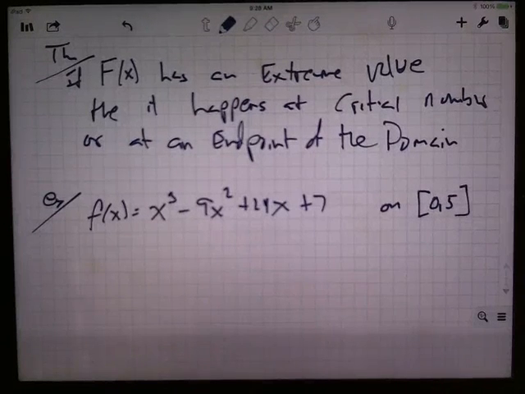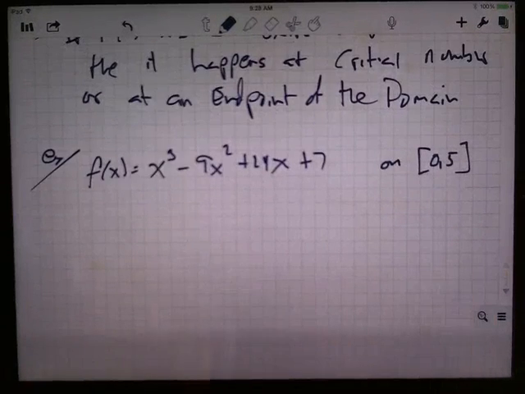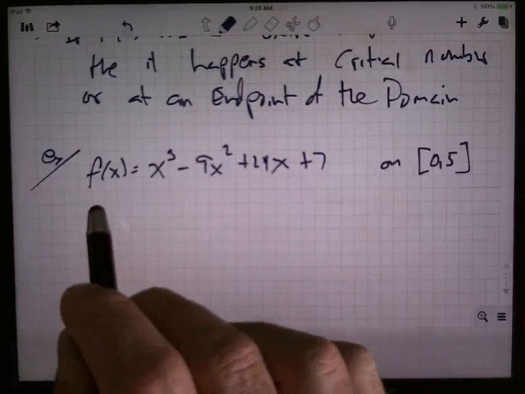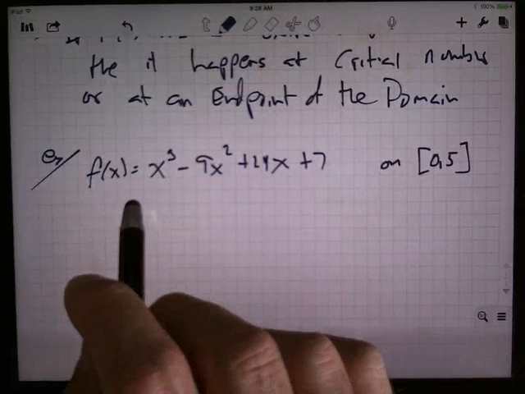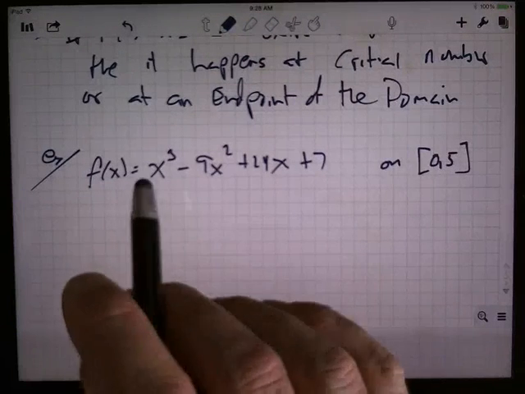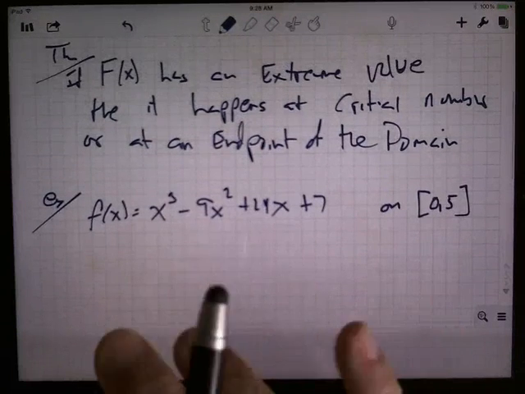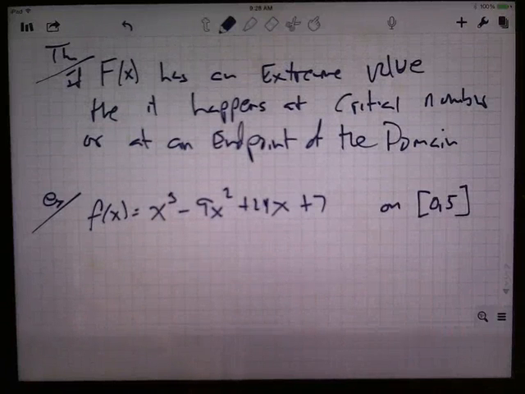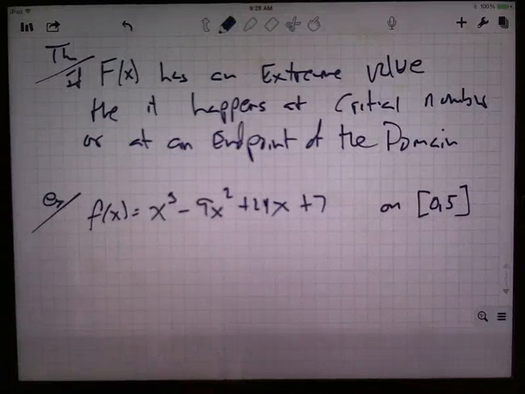Let's find all the maxes and mins, all the local and global. So what are the words? Relative and absolute. Again, I'm not sure which words to use. But what I'm going to do is find all the local maxes and mins and the endpoints, and then see which ones are the absolutes.